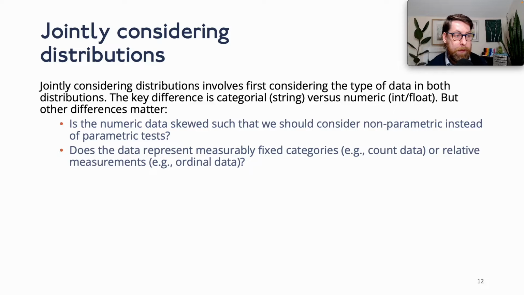Does the data represent measurably fixed categories like count data, or relative measurements like ordinal data? While we have a sense that strongly disagree might be lower than disagree, might be lower than agree, might be lower than strongly agree, we have an ordered ranking.